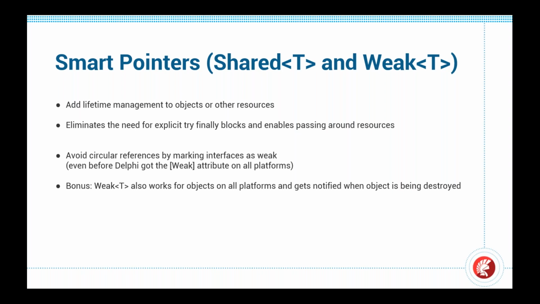Plus there's a little bonus. A Weak<T> works also for objects on all platforms, and if you have a Weak<T> where T is an object, this reference will get notified if the object it is referencing is destroyed, which is usually not the case.